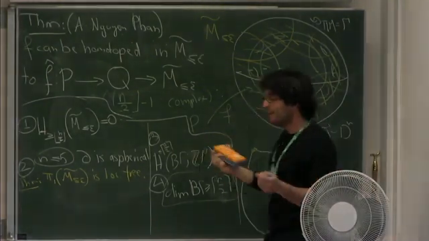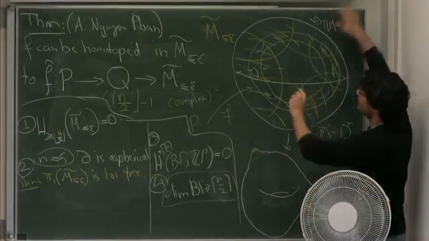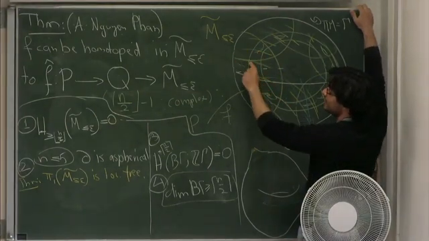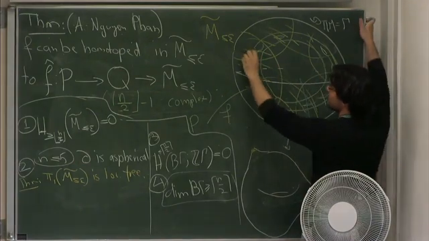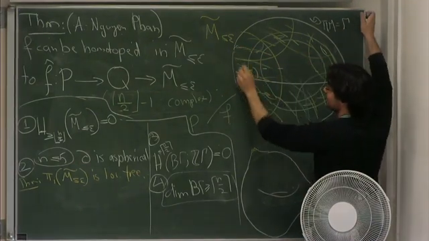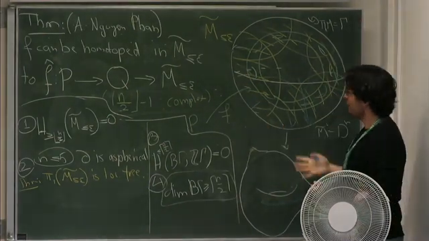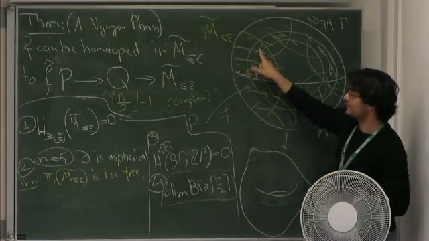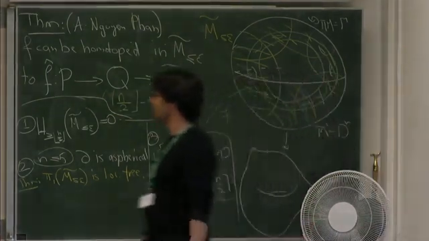So instead, what you actually need to do is figure out, in an intelligent way, how to push different parts of the cycle to different points at infinity. Maybe this part this way, this part this way, this part this way, etc. And do it in a compatible way so that you can push points and then you can push edges, etc. That's what one needs to figure out how to do.